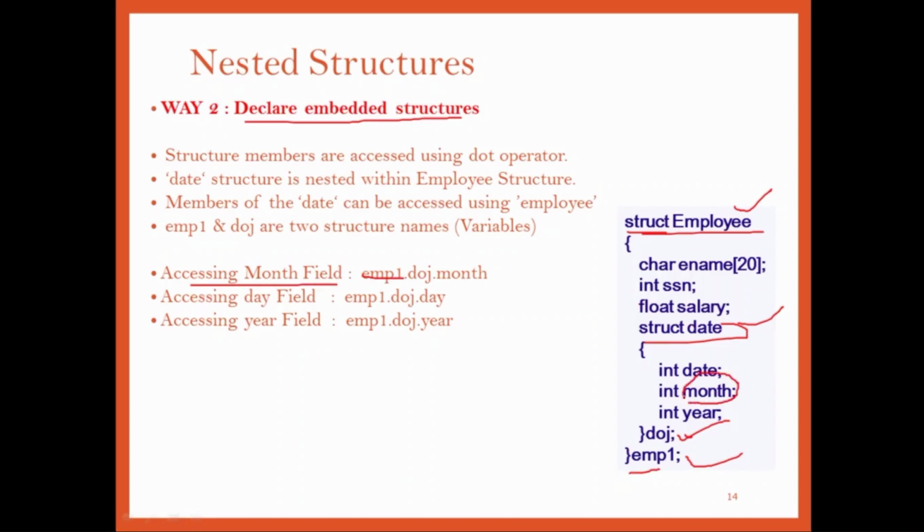Then we access the day field like EMP1 dot DOJ dot day, and the year field like EMP1 dot DOJ dot year. So this is the declaration of an embedded structure.